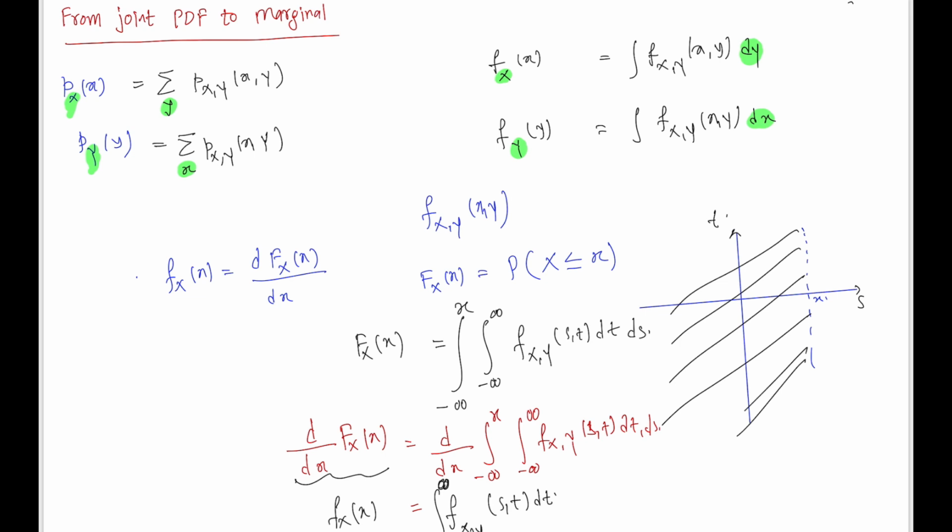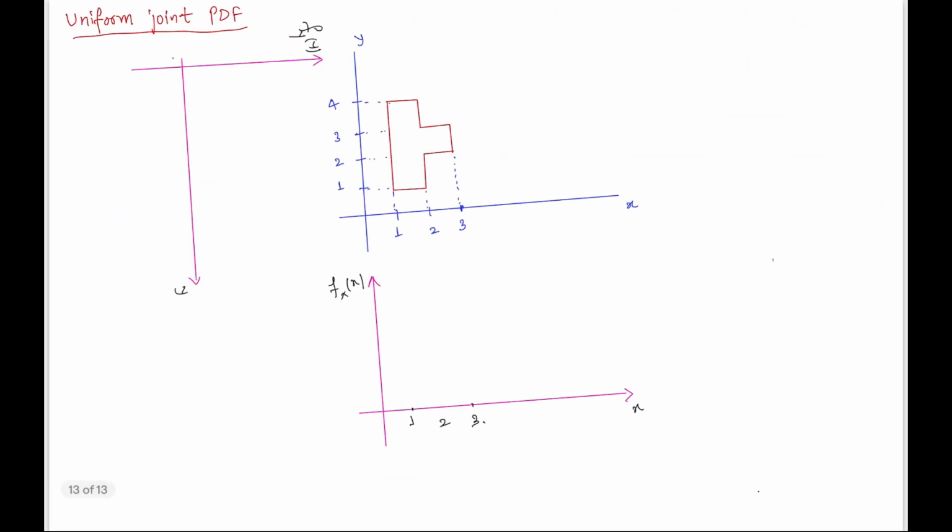Alright, now let's look at an example so that we can have a better understanding of these marginal PDFs. Let's suppose we are given this plot that tells us the relation between the random variables x and y, and the joint PDF is uniformly distributed. That means for each unit area we will have equal probability.